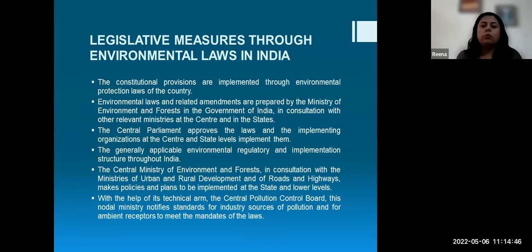Because sometimes you go for the presentation and the state level impact assessment authority or committee members say, yesterday this kind of amendment happened, are you aware? Accordingly you should make changes in your project planning and your environment impact assessment report. All these approvals, amendments, and recurrent changes in our acts and rules are available on the website of the Ministry of Environment and Forest, and there is a specific section where these notifications, rules and guidelines are given.